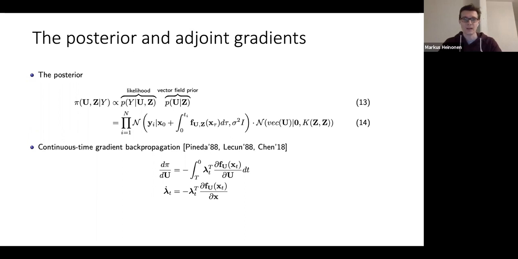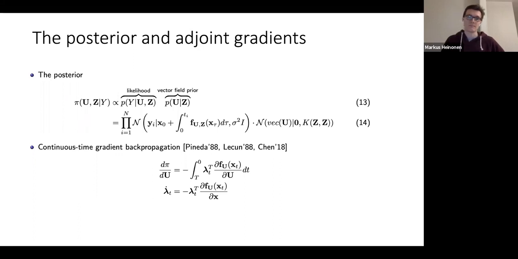In the likelihood, we have a product over the data points, which are y_i at times t_i. The mean of the Gaussian likelihood function is always the simulated response, where we start from x0 and integrate forward our parameterized vector field f. The problem is that we have this really nasty temporal integral inside the likelihood, so computing the regular gradient simply doesn't work.